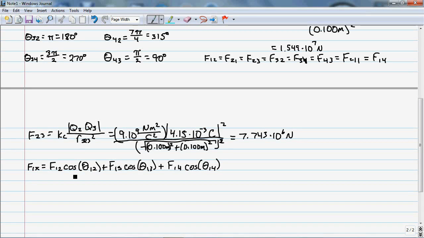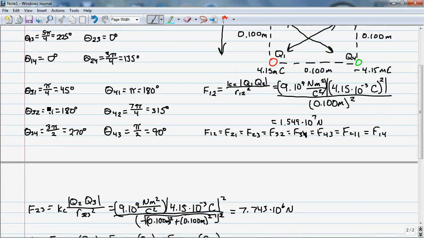So we can put our values in here. And we have 1.549 times 10 to the 7th newtons times the cosine, and our theta 1,2 is 90 degrees.